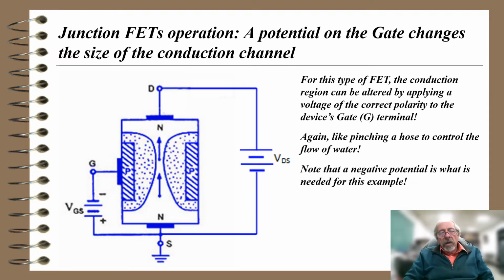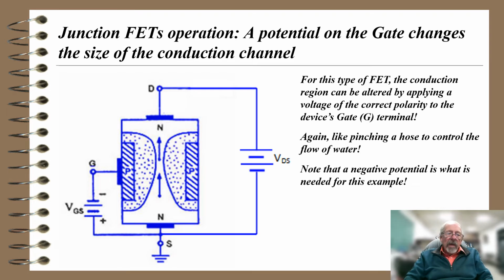So here we have a junction field effect transistor, same diagram as the last page. Notice that I have a battery, VDS, that's voltage drain to source, and the positive is connected to the drain, and the negative is connected to the source. Electrons would flow through that channel from negative to positive.